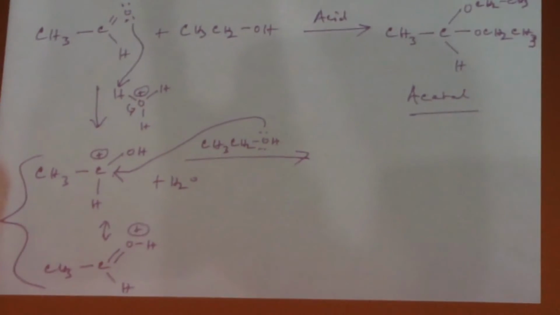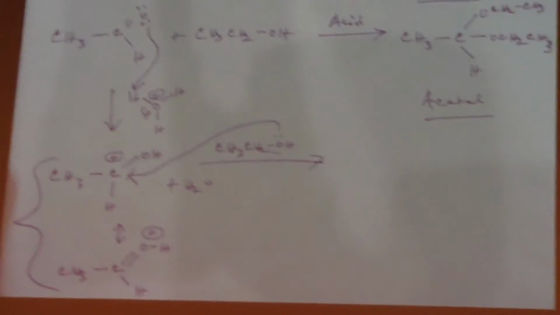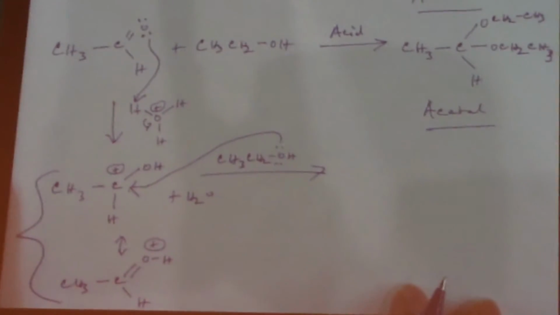So this is a resonance hybrid of these two forms. And you can do the reaction with either one, directly on the carbon, or if you attack this carbon, the electron migrates if we do the reaction this way.